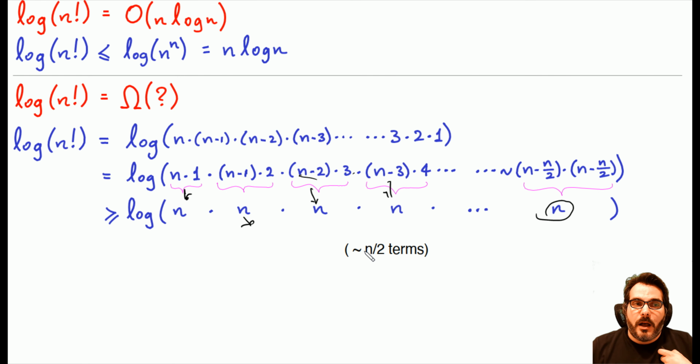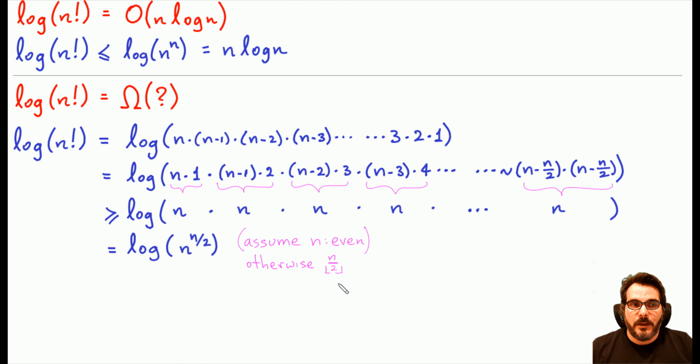So I will end up having n multiplied by itself n over 2 times. If it's only one n, n. Two n's, n squared. Three n's, n cubed. How about n over 2 n's? n to the power of n over 2. Assuming that n is even. Otherwise, you would just lower it and then use that form.